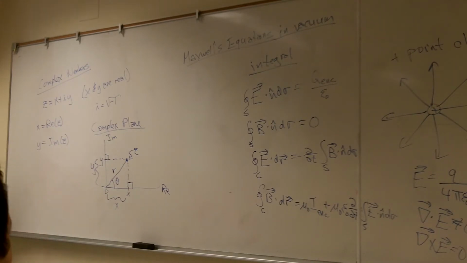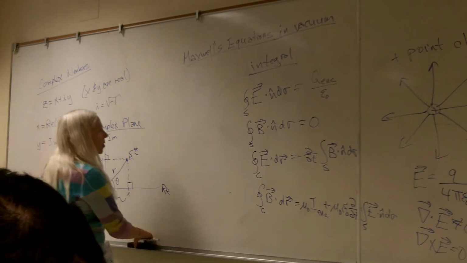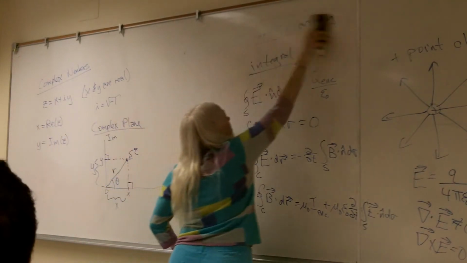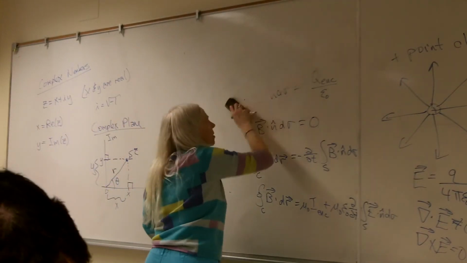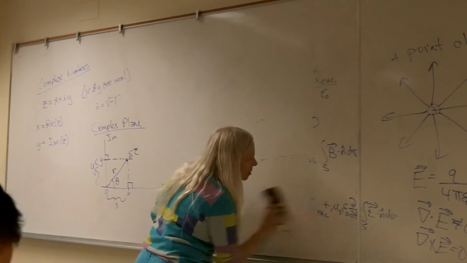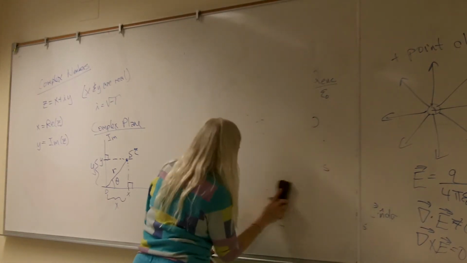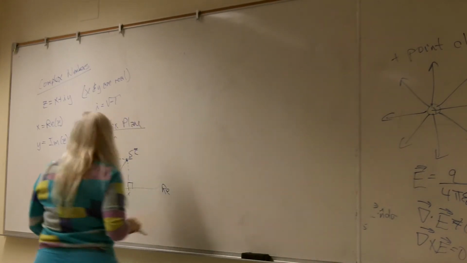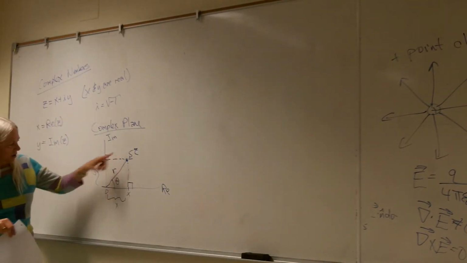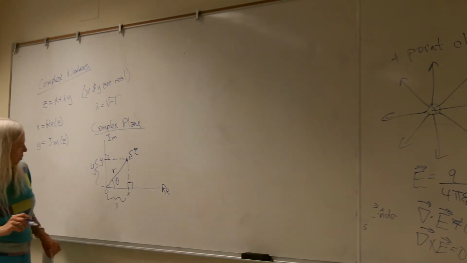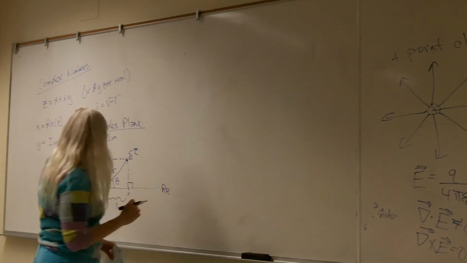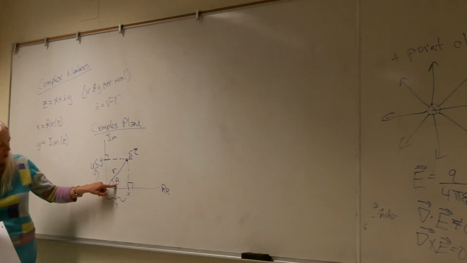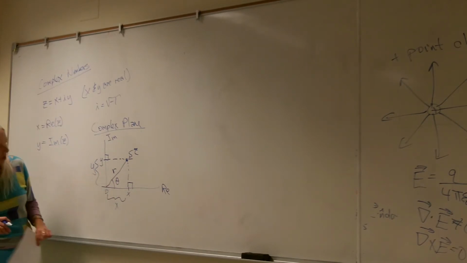So anyway, we can see here from the complex plane, if we use this right triangle right here, that the cosine of theta would be the adjacent side, which is x, divided by the hypotenuse, which is r.